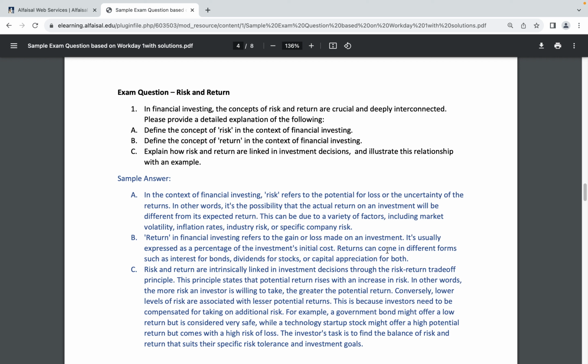So if I have an expected return, usually which I take as an average return from investments in the past, of 10%, and I have a risk value of 20%, well, for the most part, I could lose 10% or I could gain 30%. So it's a concept that allows you to understand the dangers and opportunities around a particular investment.